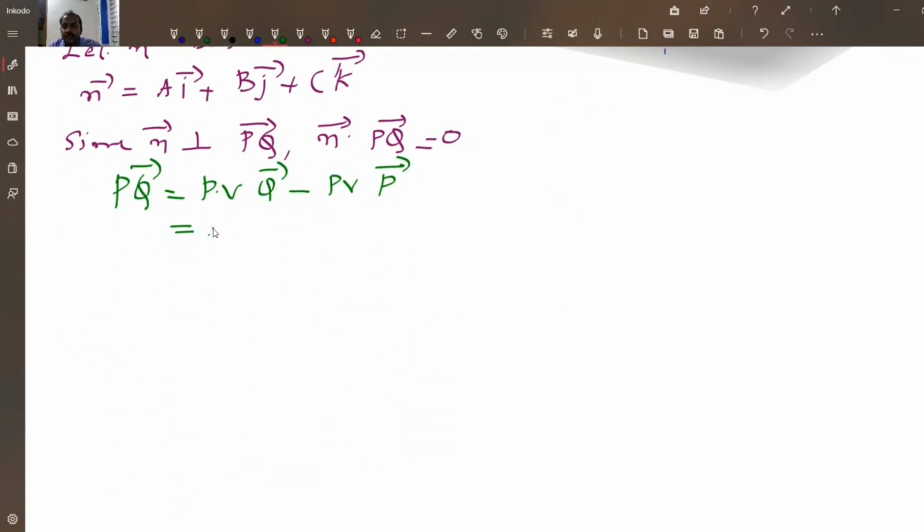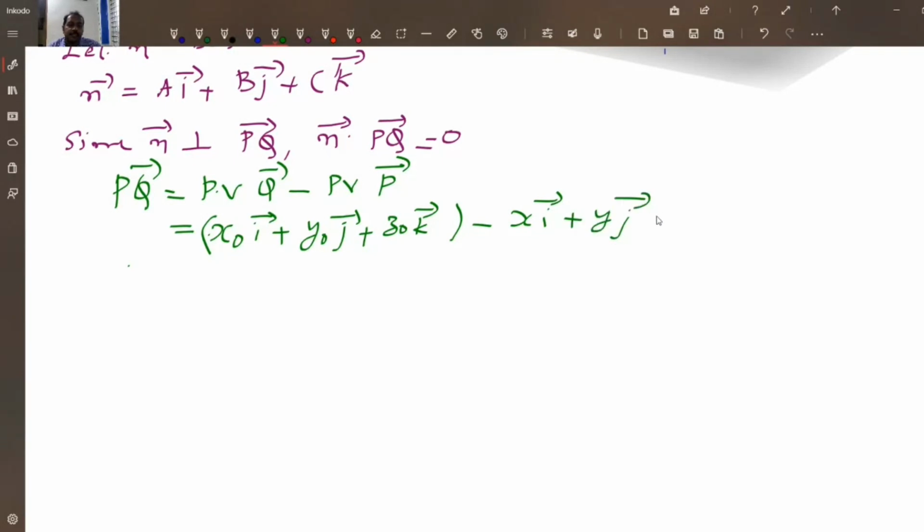And position vector of P is xi plus yj plus zk, that is a general point.